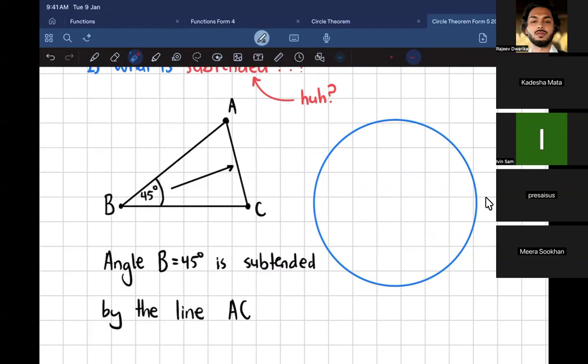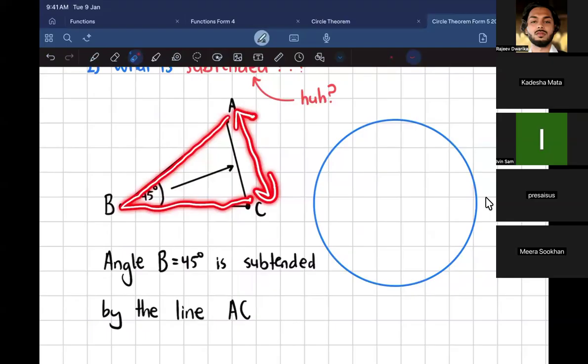Alright. Yeah. Briseus. So we have an angle here, 45, right? Isn't this side opposite the angle? AC. Yes, sir. Right. So whatever side is opposite the angle, you would say that the angle is subtended by that line. Briseus, another way to think about it, wouldn't this be the 45 degrees? Yes. Because of that 45 degrees, wouldn't I have a length in the middle? Yes, sir. And that length, I would call it AC.